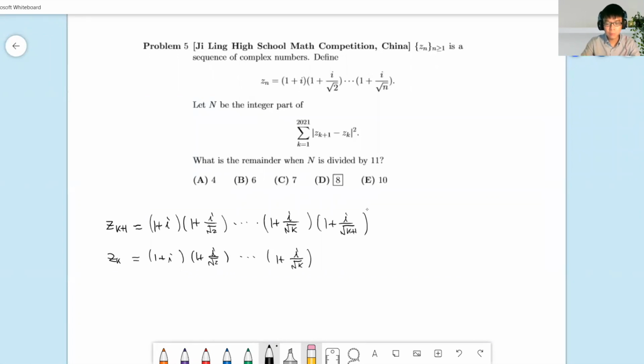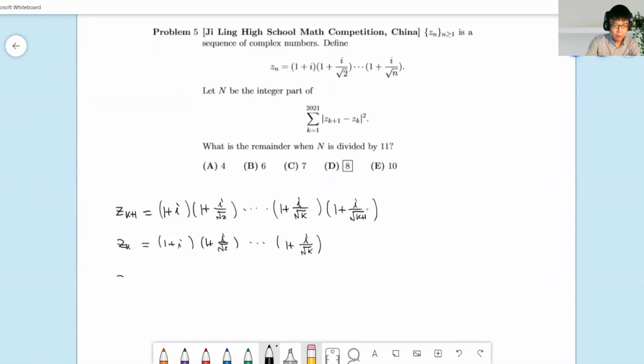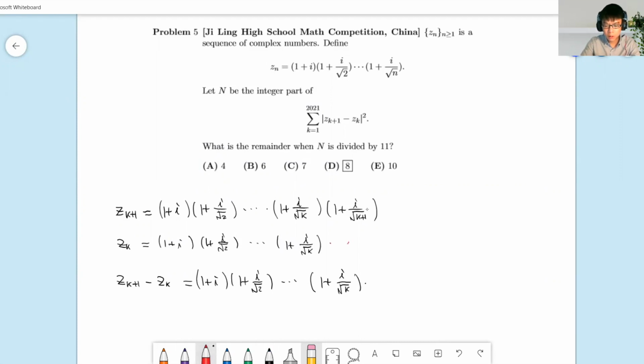If we do subtraction, we will have the following. z_(k+1) minus z_k equals (1 plus i)/root 2 all the way to (1 plus i)/root k, times the difference of the last term. The last term here I can add 1. So the difference of (1 plus i)/root(k plus 1) and 1 equals i over root(k plus 1), because the 1 cancels.